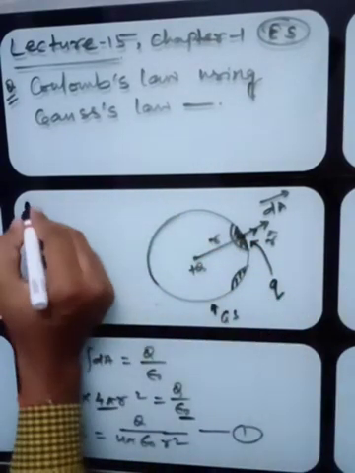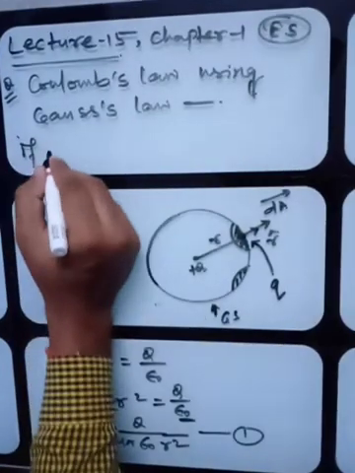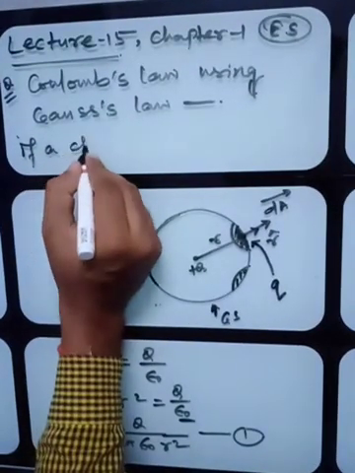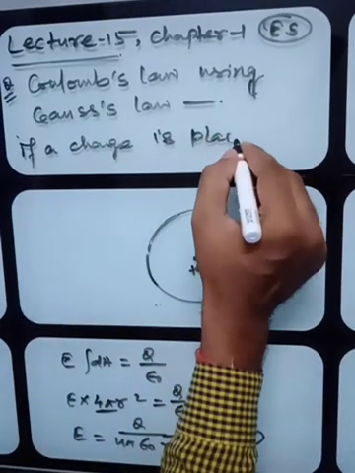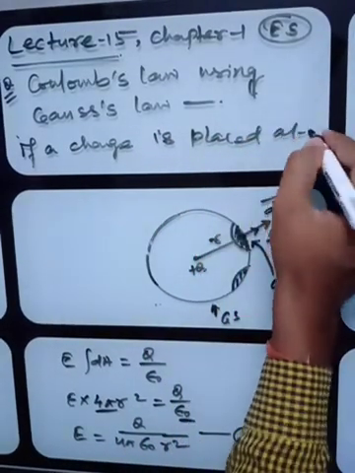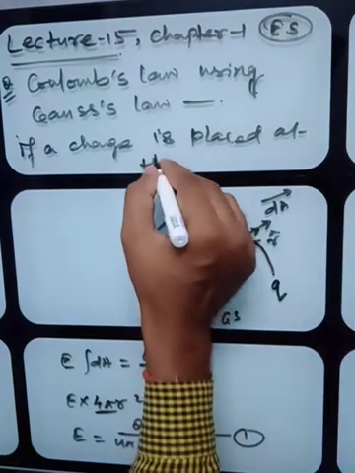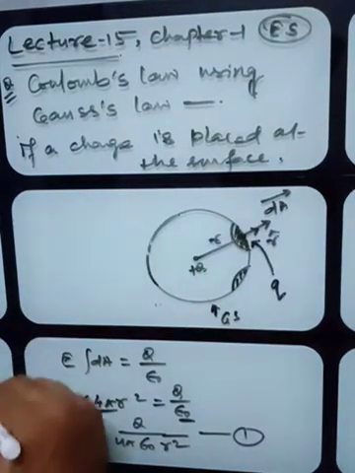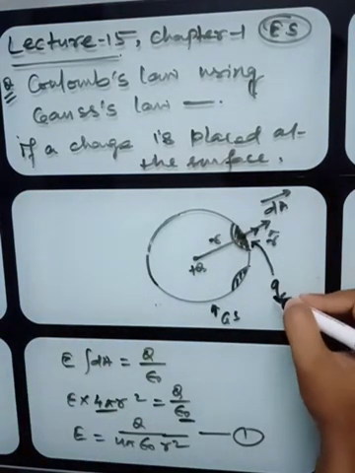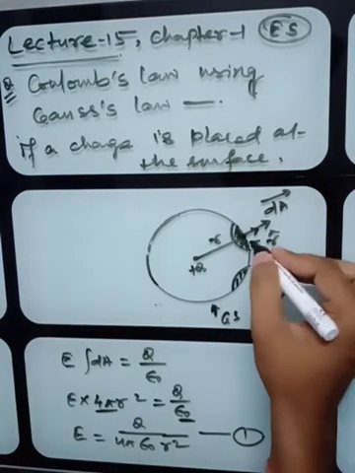Now, if a charge is placed at the surface, it means it is in the presence of an electric field.